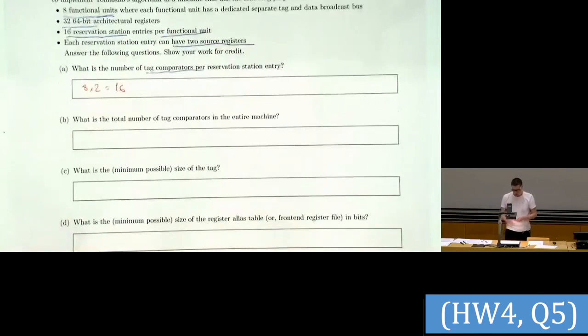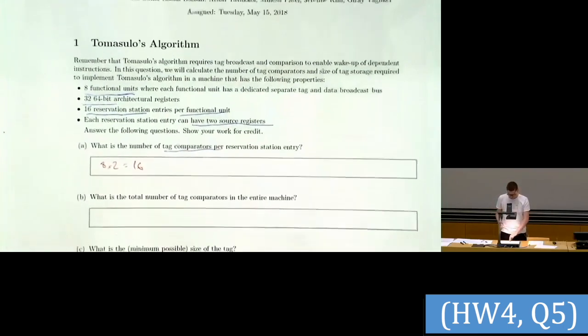And then the second question, B, is what's the total number of tag comparators in the entire machine? This is kind of tricky, because if you just think about reservation station entries, you may not take into account the RAT, the register alias table. It should also have some comparators, because when you calculate the result, you don't need to only update the reservation station entries, but also the register alias table, which is not shown here.